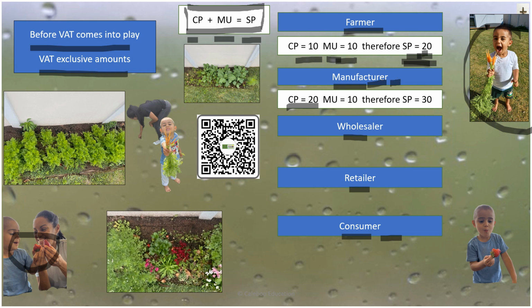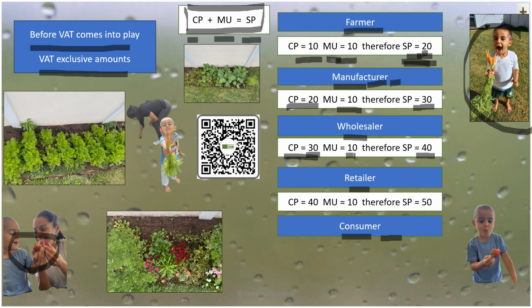The manufacturer adds 10, therefore the selling price is 30. The wholesaler buys the product from the manufacturer for 30. The markup is, once again, a constant rand value of 10. Therefore the selling price is 40.